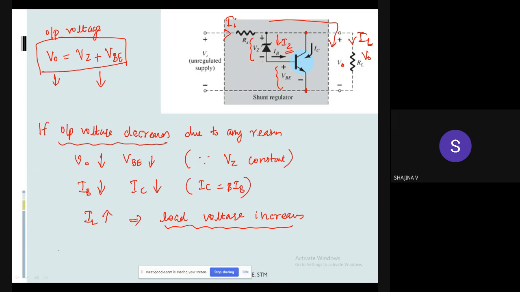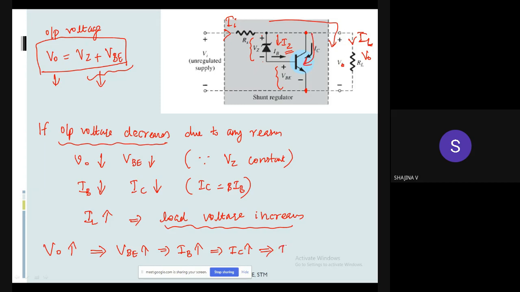Now the reverse case: if V out increases, what will happen? V out increases means this term will also increase, but our Vz is constant. So what will happen? VBE increases, right? VBE increases means our base current IB increases. As a result, collector current increases, which implies more current will flow through this path.